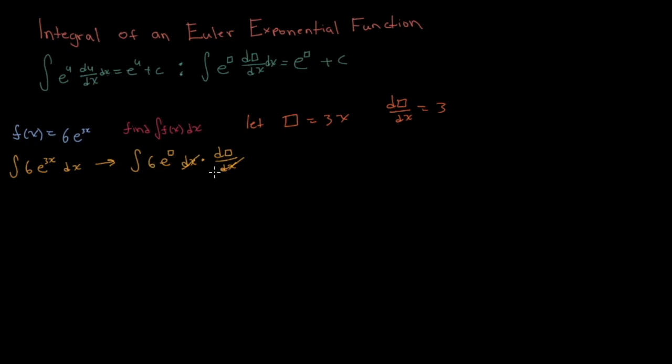Now it is in a good form to integrate. So when we substitute our numbers back in, we have 6 times e to the 3x, times d box by dx, which is 3.